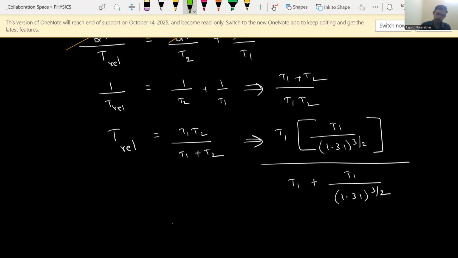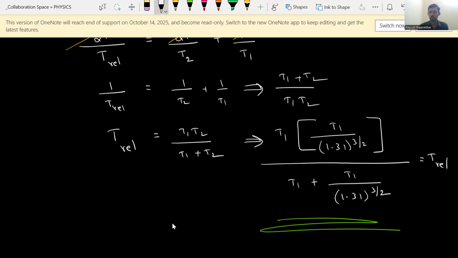You just simplify this equation and you will get the answer for T relative, because in the question they are asking T relative only. Everything I have explained, you just do the simplifications. You can take T1 common also, so that T1 gets cancelled. I hope you can do this simplification.